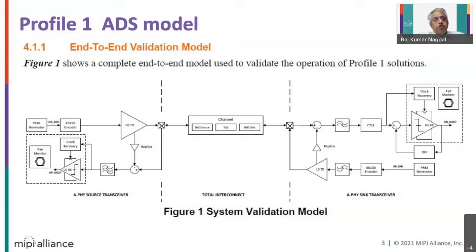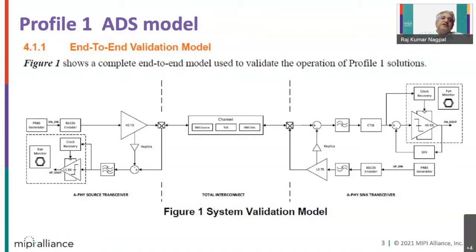Being a full duplex system, it has a downlink configuration and an uplink configuration. Primarily the downlink is for high-speed data communication, and the uplink is primarily for control data communication.